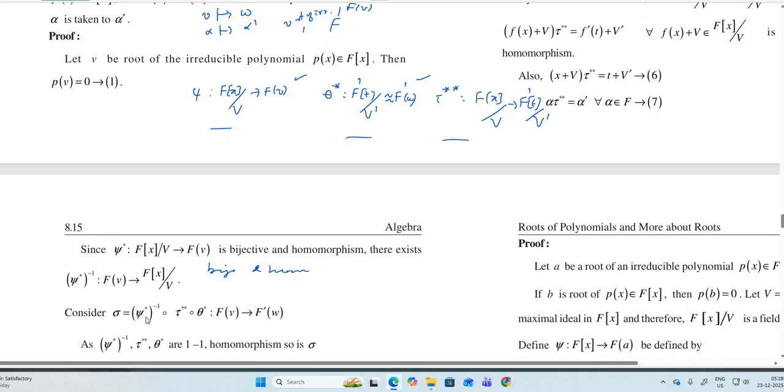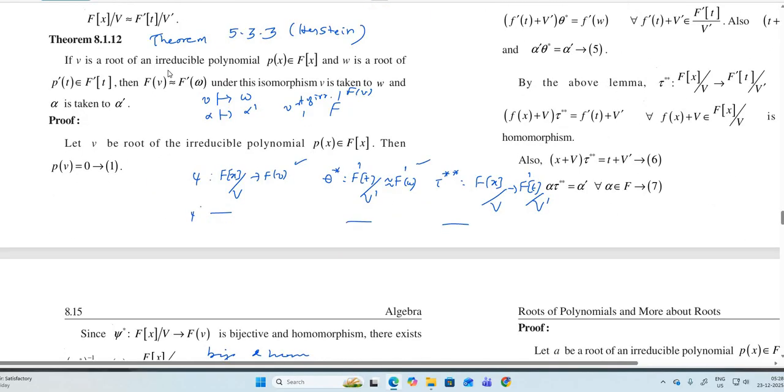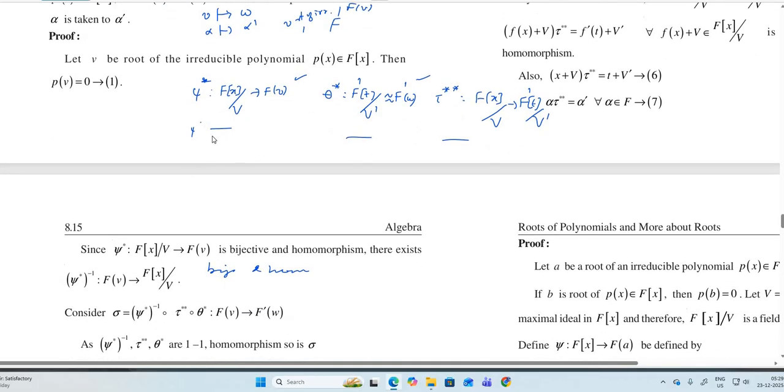So you take this as the first mapping, composed with these two: from here to here you are going, and this one helps you go to this one, and this one takes you from this to f prime of w.